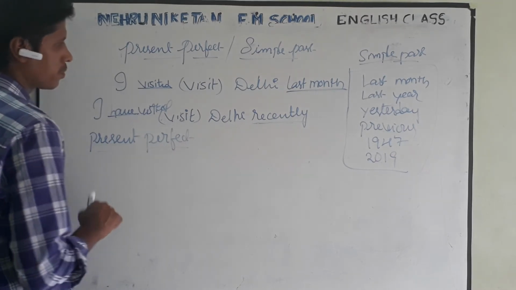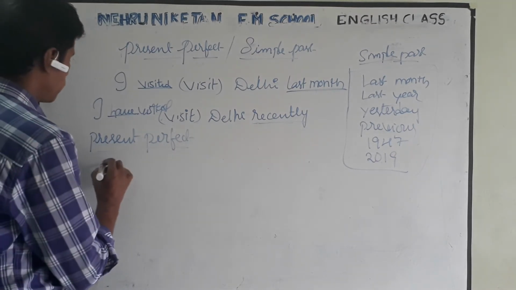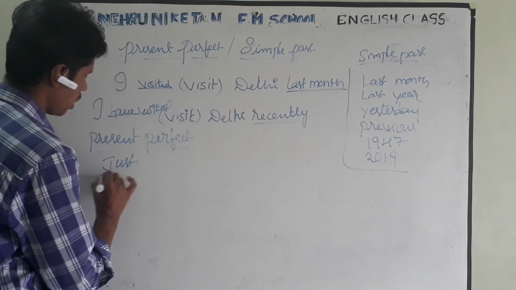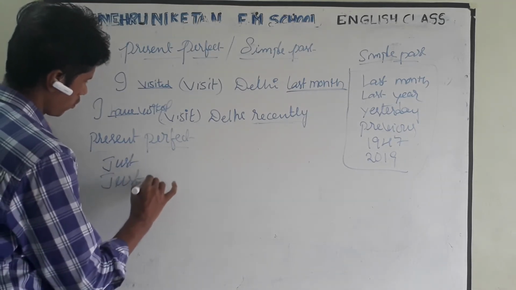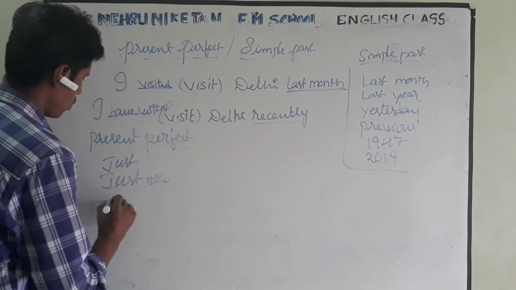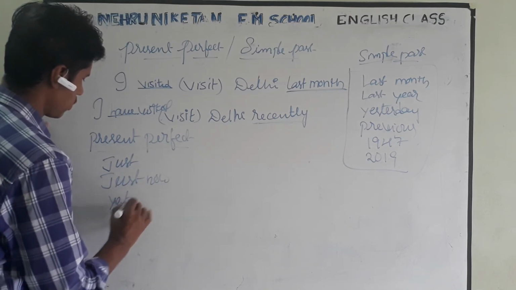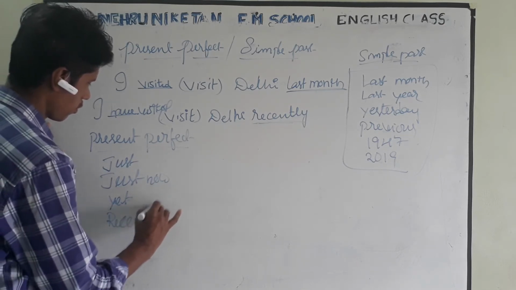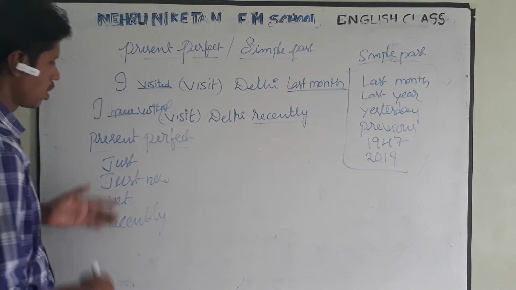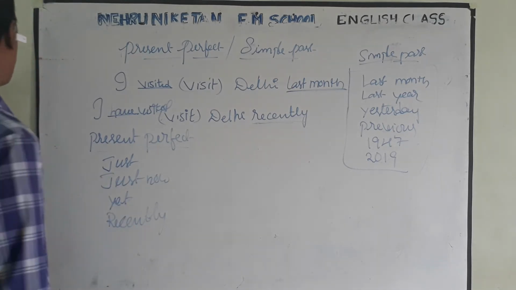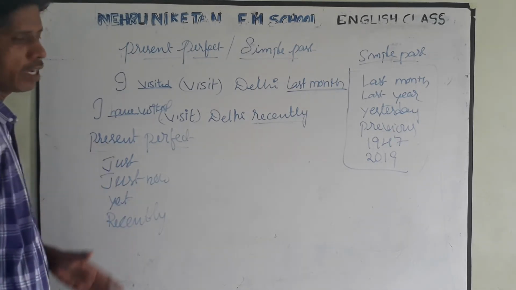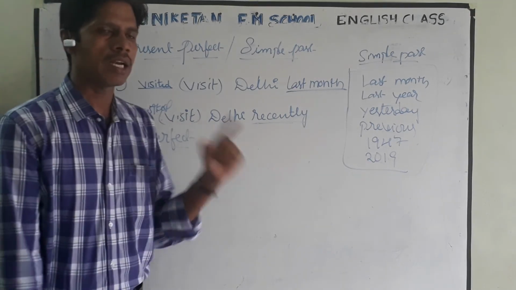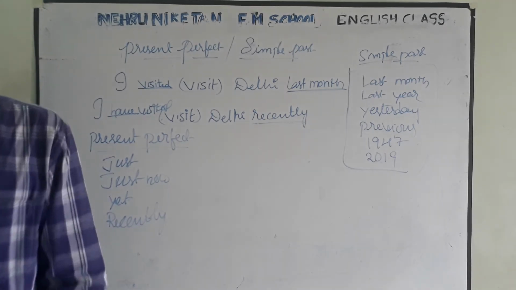See, just now, wait, yet, recently. My dear children, these are the words you may find in the present perfect tense. Please, all of you, note this down and pause this video. I'll wait.